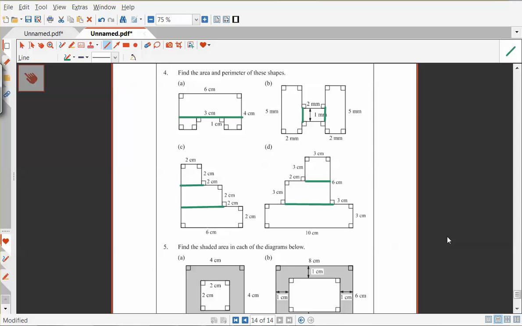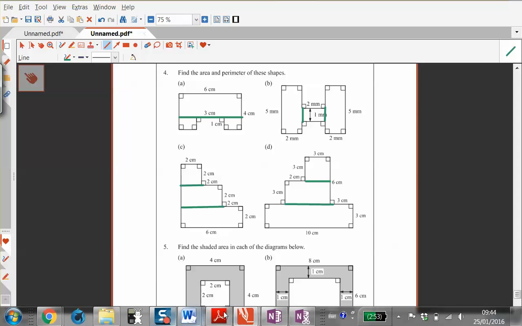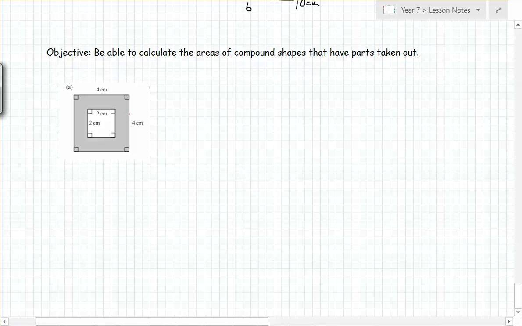So for compound shapes, the only difference that we're looking at now is, well, we've got probably a simpler shape this time, but it says calculate the shaded area. You quite often get a question like this in a test because it kind of extends you a little.